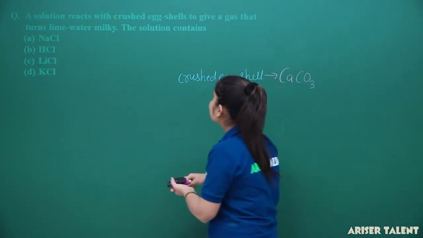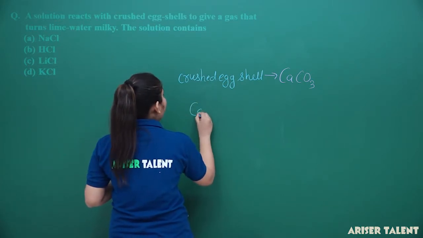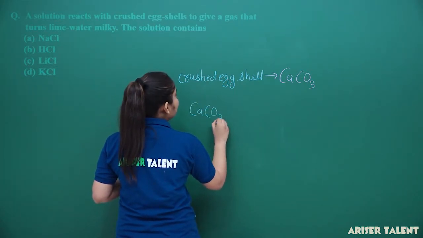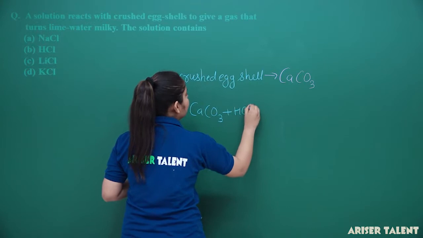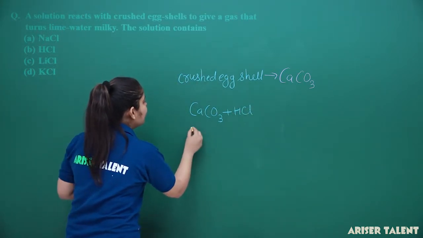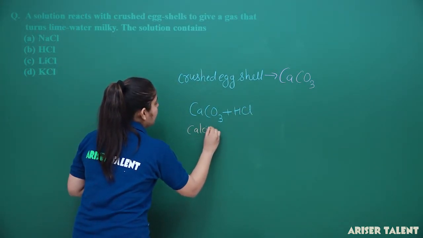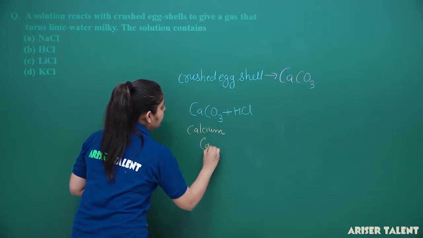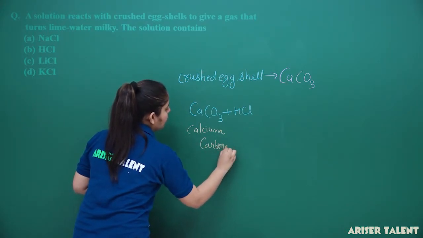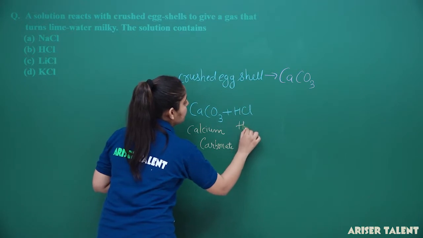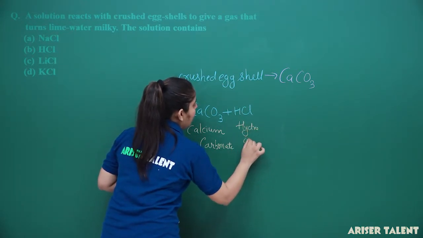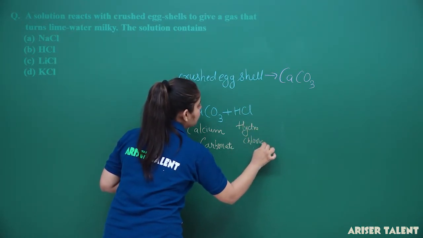So, what we will do in this case? We will react CaCO3, this is our calcium carbonate, with HCl, this is hydrochloric acid.